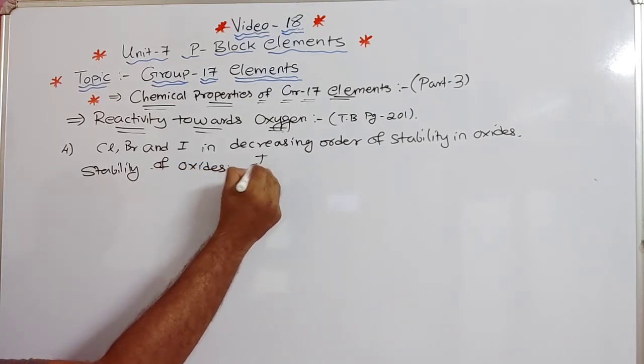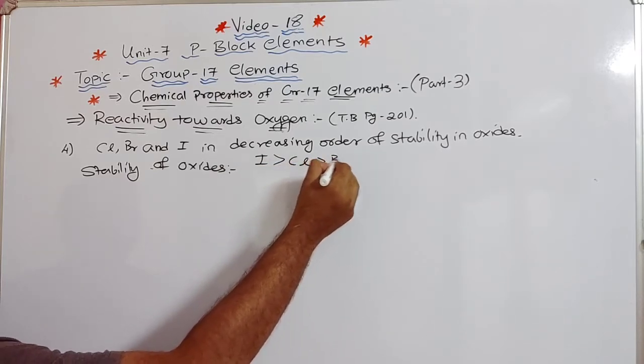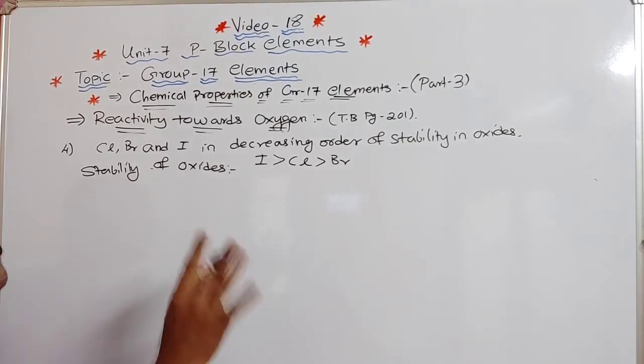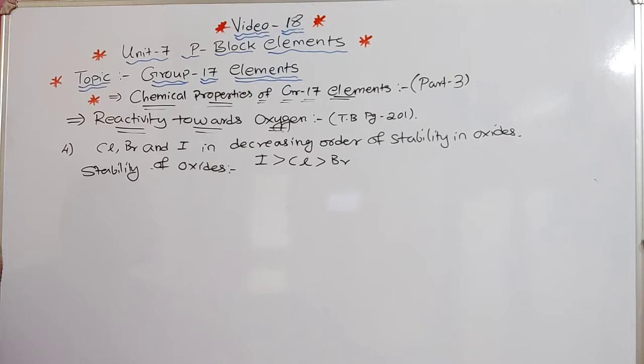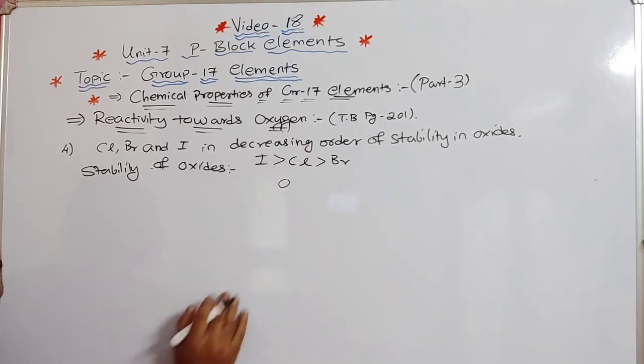Iodine oxide is the most stable, then chlorine, and then comes bromine. Understood? So here I am writing iodine oxide, not oxide iodide or oxygen iodide, because these are less electronegative than oxygen.